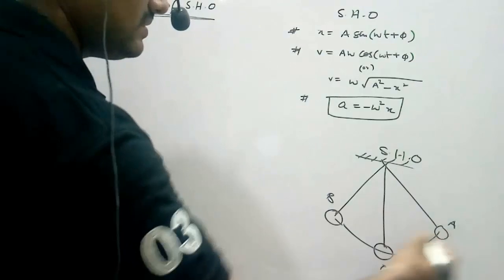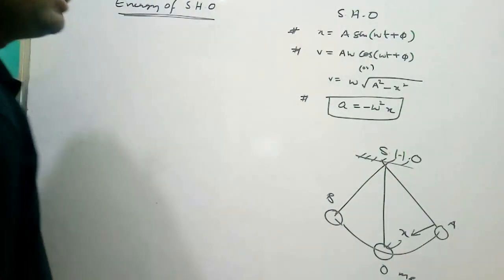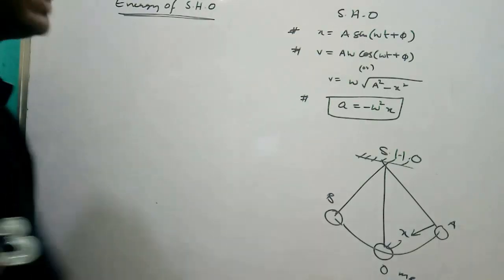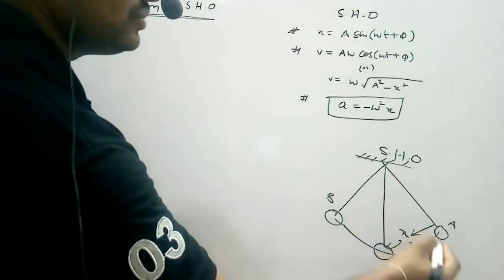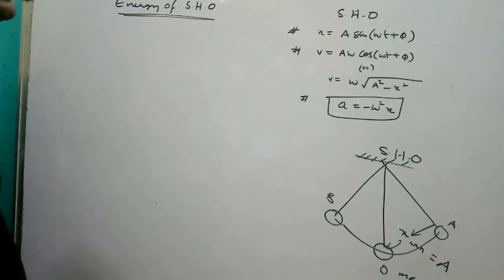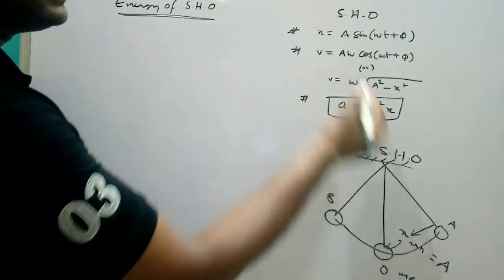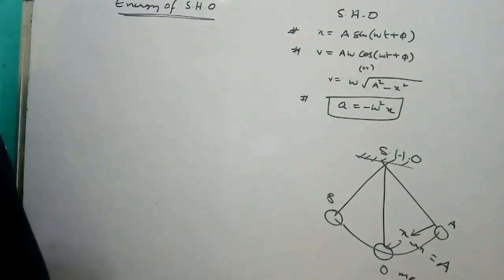This OA distance gives the maximum displacement, equal to the amplitude A, x maximum equal to A. A is the maximum displacement, nothing but the amplitude of the oscillator.